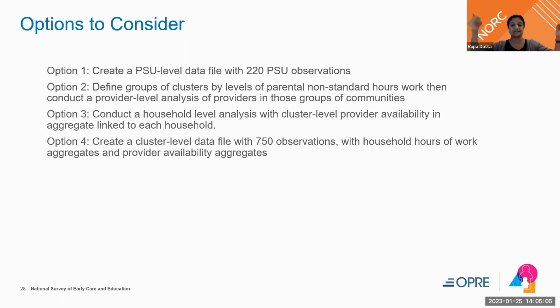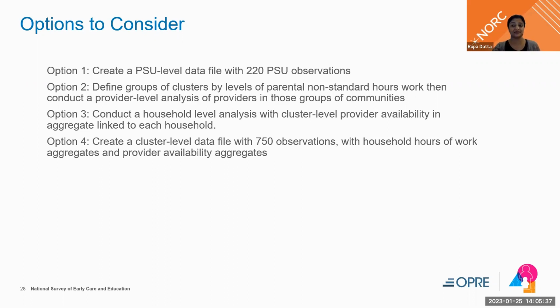So we would have basically grouped the country into groups of clusters which vary in their average need for non-standard hours care. And then we could describe the providers located in those places. So in that case, we're using clusters as the geography. We're creating summary parent measures, but keeping the providers as individual observations.